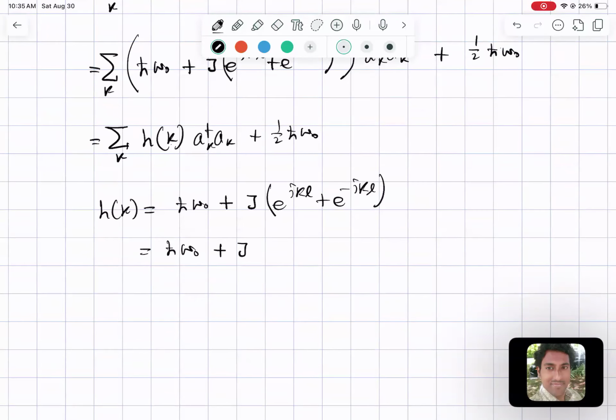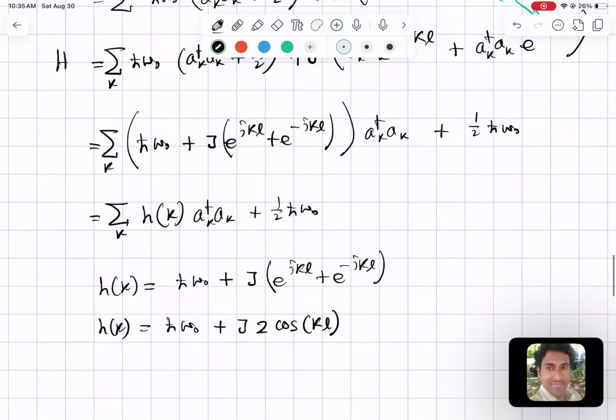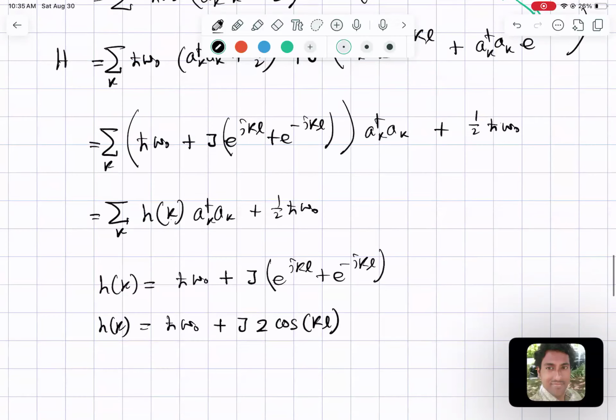It's really complicated. Is it sine or cosine? Cosine, right? So that's our band for this case. Interaction with just the nearest neighbor. Okay.